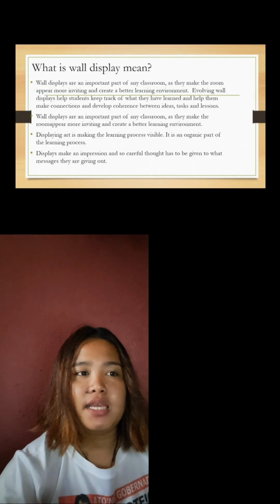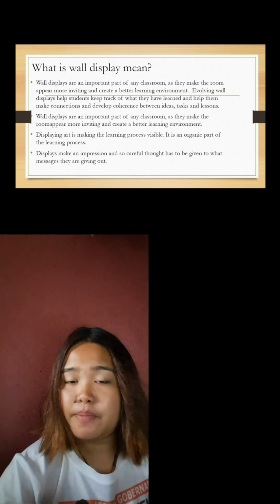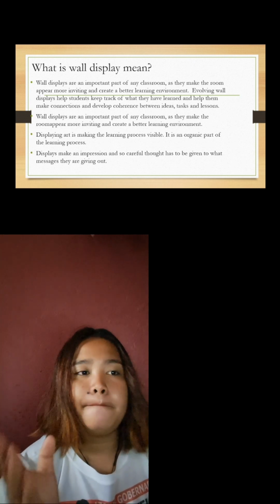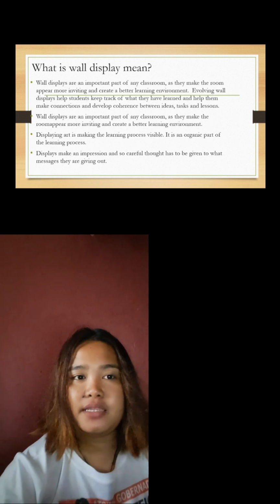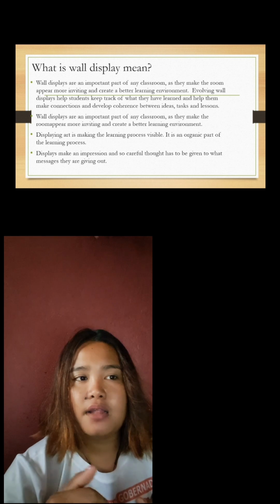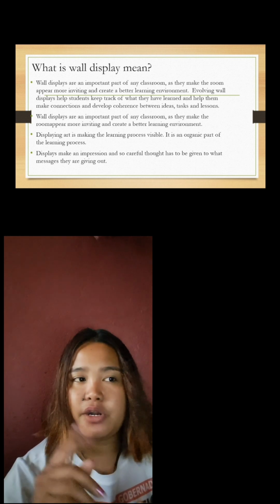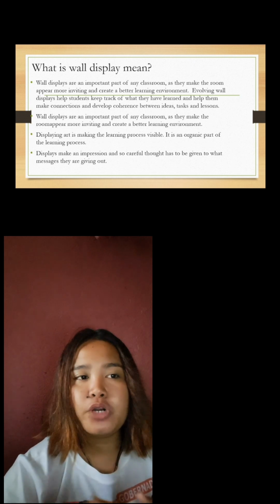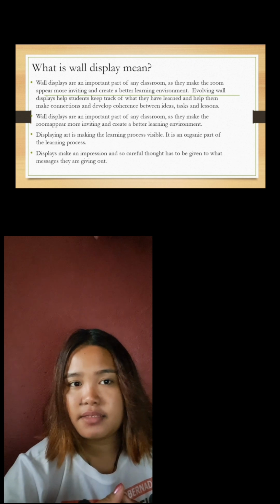What is a wall display? Wall displays are an important part of any classroom as they make the room appear more inviting and create a better learning environment.